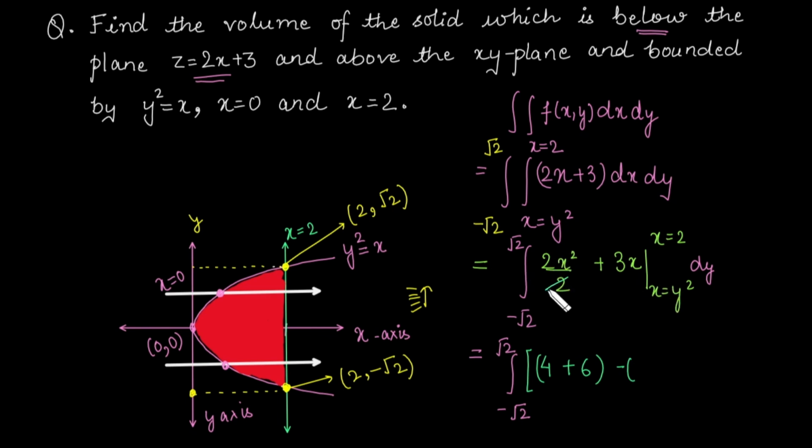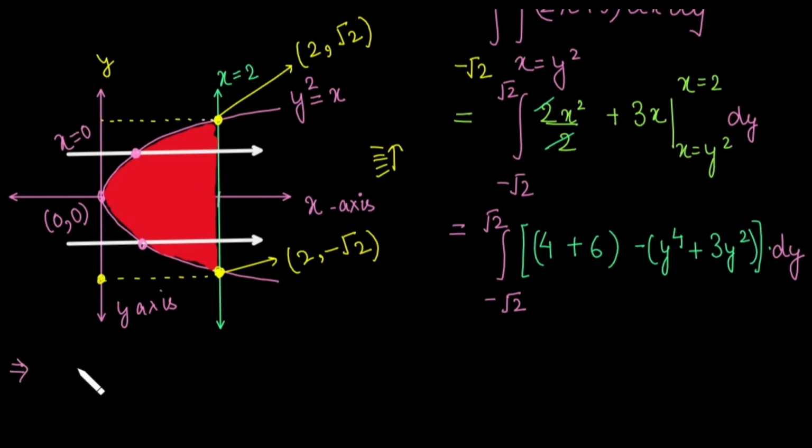So this 2 gets cancelled with the 2. x square is y raised to power 4, plus 3 times y square, integration with respect to y. This implies integration from minus root 2 to root 2 of 4 plus 6, which is 10, minus y raised to power 4 minus 3y square dy.